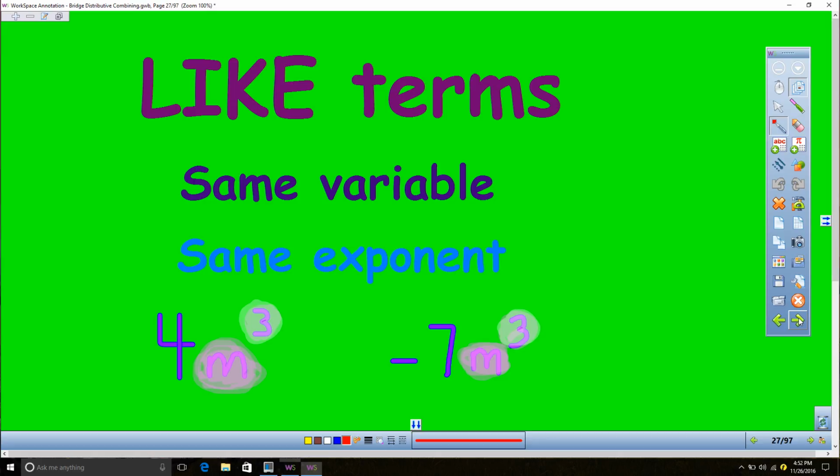When you add an m cubed term to an m cubed term, you get an answer that is an m cubed term. So you just add the coefficients, or the numbers in front of the m cubed. So 4 plus a negative 7. The signs are different, so I'm going to subtract and use the sign of the 7 since it's further from 0. So the answer is negative 3m cubed.